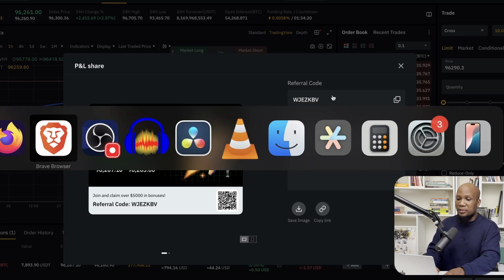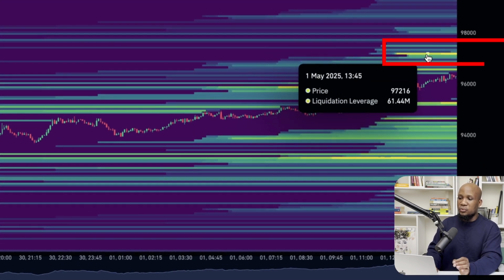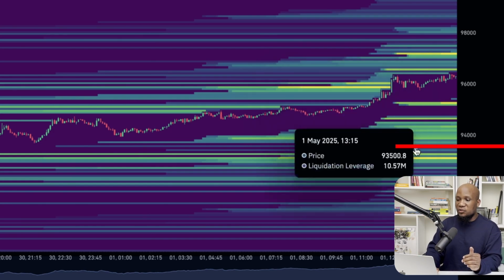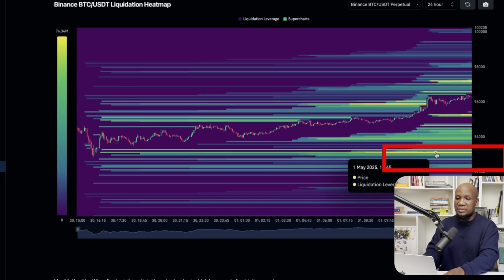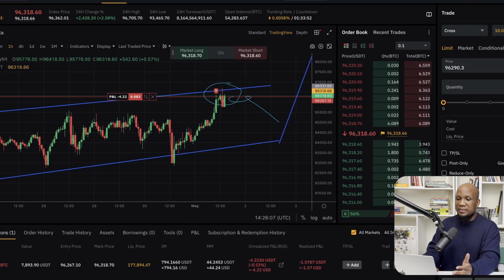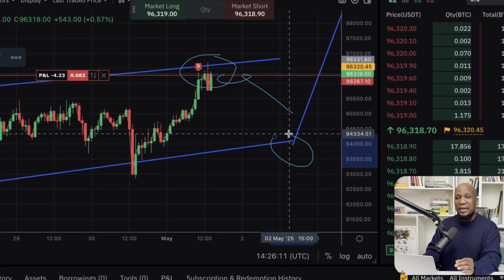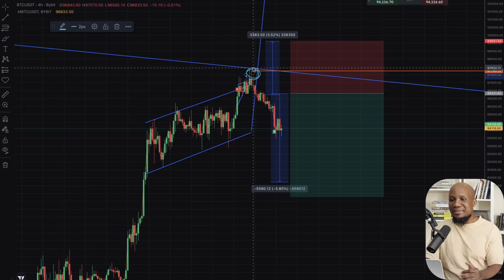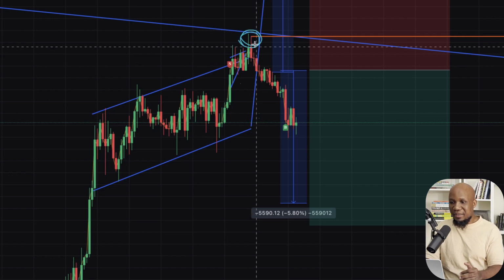If you come here, we've got an indicator that is telling us that BTC might actually go to 97,200 because the market makers can push the price to that point, but then eventually this indicator is screaming 93,000, which is the reason why I am on this trade here, because I'm expecting that the market can come down to these key levels here, then I'll be able to exit the market. As you can see, the market did eventually come to 97,000 before dropping significantly.